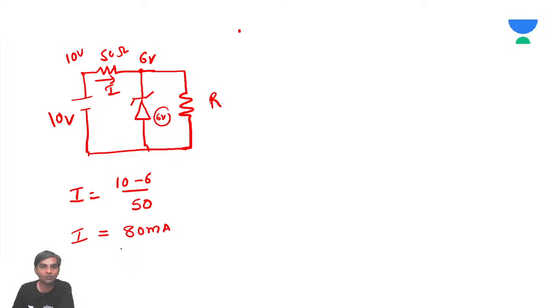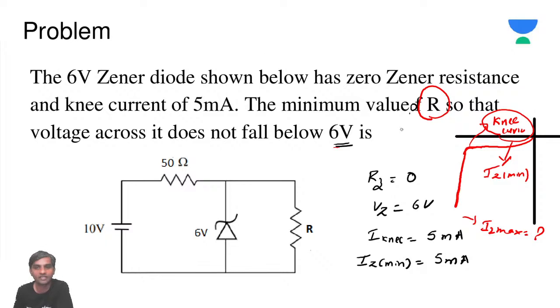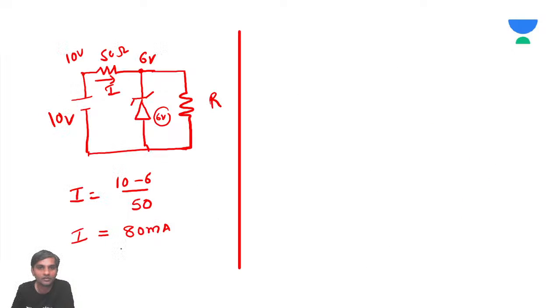You can calculate what would be the maximum load current. What is it saying, sir? It is asking for the minimum value of R, R minimum. So when it is asking for R minimum, its corresponding current IL must be maximum.